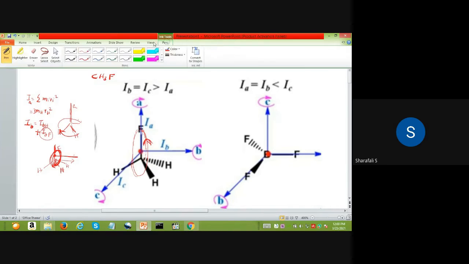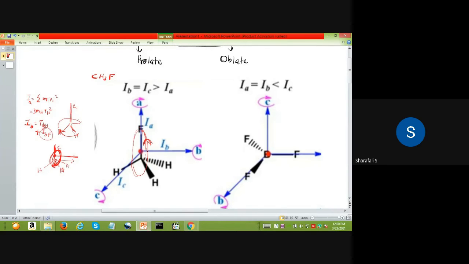And about this C axis, the rotation will be like this. So the entire molecule will be rotating. So the rotation is like this, with respect to this axis C.